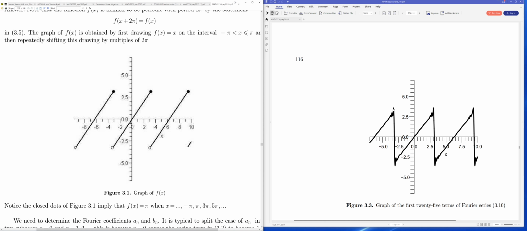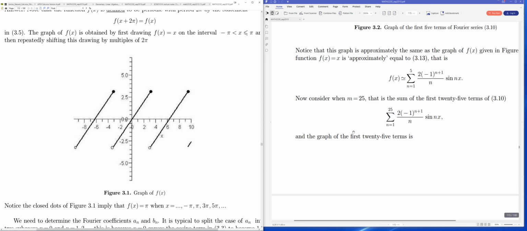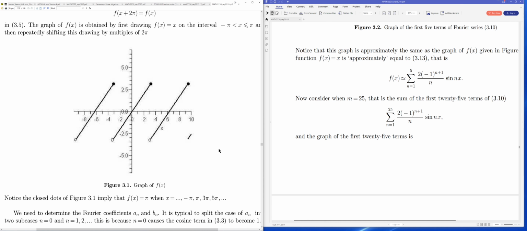So your top vertex over here has to join to this bottom over here, unlike what happens in the original function. But the key thing is the approximation is the same in the sense that, for example, between minus pi and pi, this part here is essentially the same as the part between minus pi and pi.